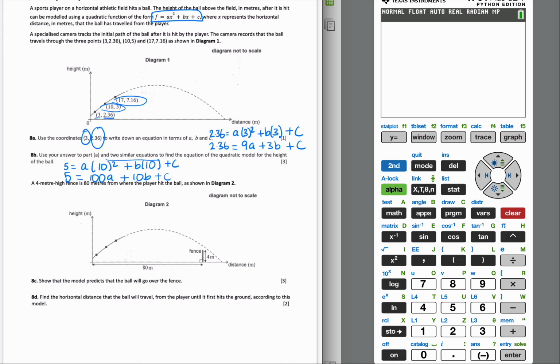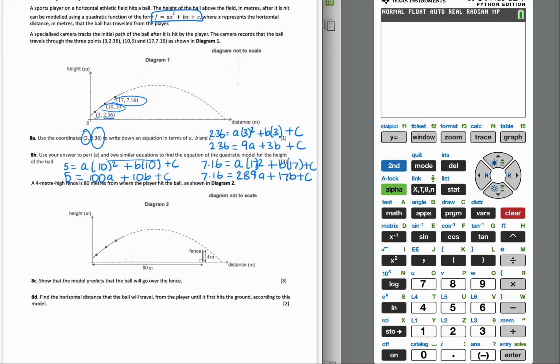And then the third equation is 7.16 is equal to a times 17 squared, plus b times 17, and then at the end there, I still have my plus c. Now again, if I wanted to tidy that up, it would just be 7.16 equals 289a, and you can use your calculator there as well, plus 17b plus c.